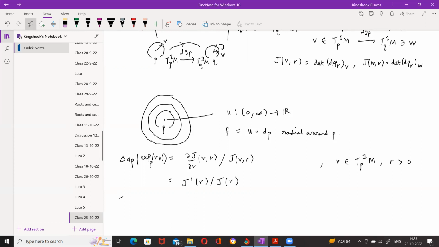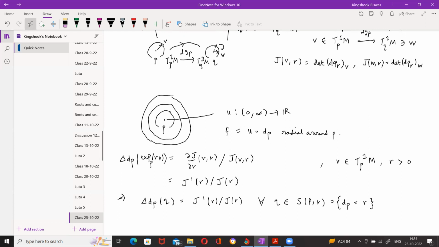So this means that the Laplacian of the distance function at any point q on the geodesic sphere of radius r is J'(r)/J(r), for all q in the geodesic sphere of radius r. This sphere is the level set where the distance function is equal to r.